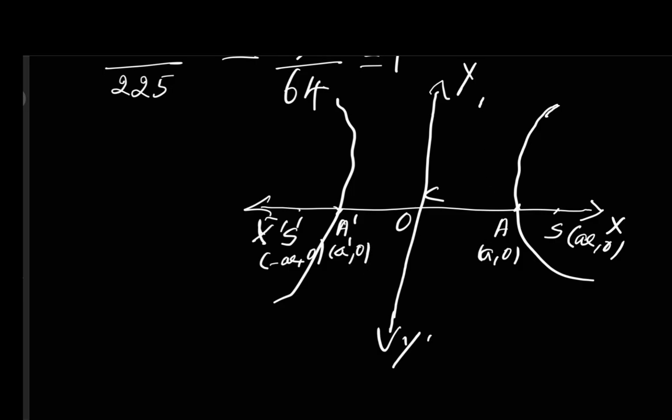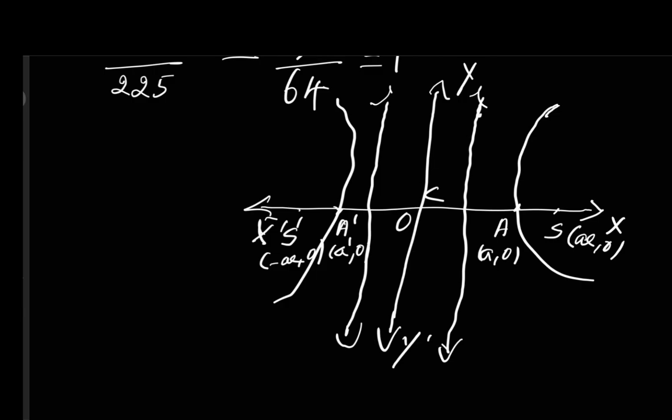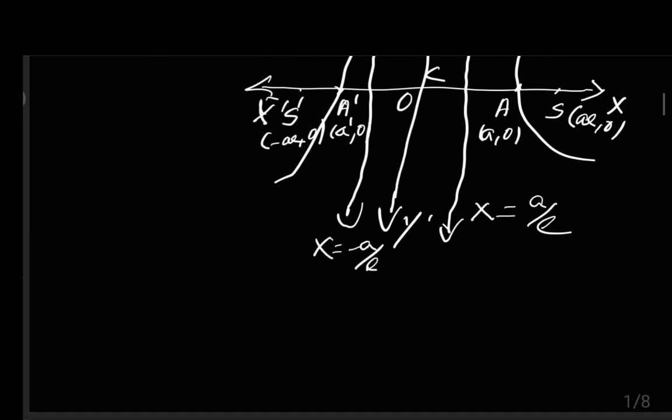And see the directrices, this is the position of the directrices in the hyperbola. Since the directrices are parallel to the y-axis, the equation is x equals a constant, so x is a by e, and on the left side x equals minus a by e. Just the same as in the ellipse.